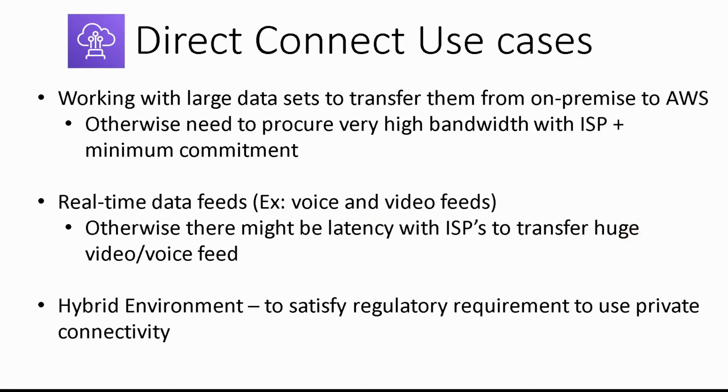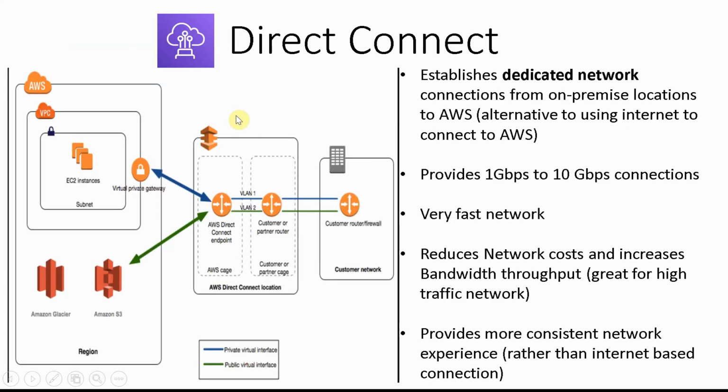Generally, the Direct Connect use cases are primarily to transfer large data sets from on-premise, especially in a migration scenario. Let's say you are moving from on-premise to cloud, which means you need to transfer a lot of data. Maybe for the first 2 months, a lot of data transfer happens from, let's say, an on-premise database to a public cloud database. So you're talking about a huge volume of data.